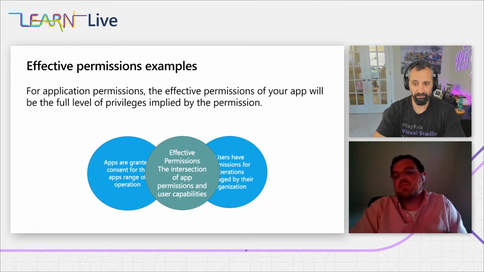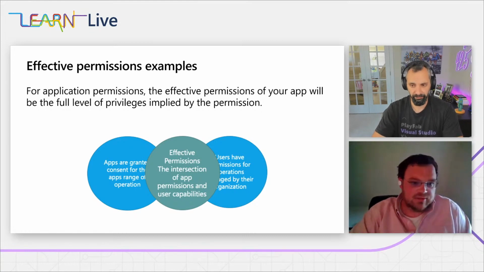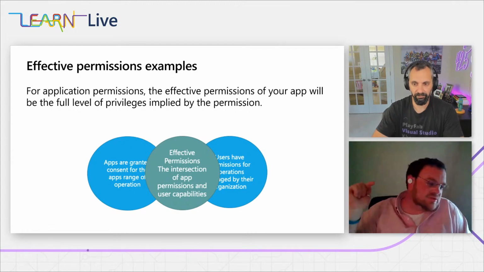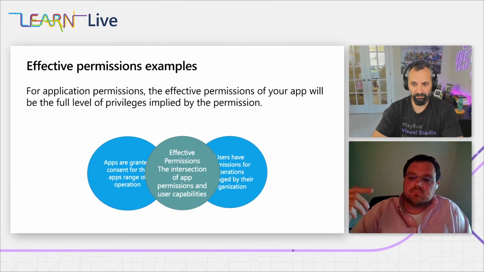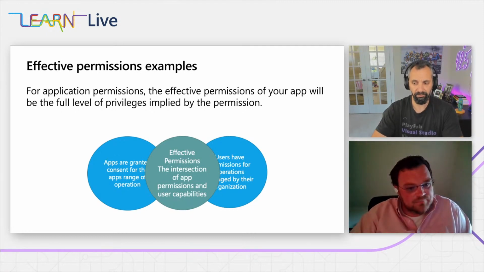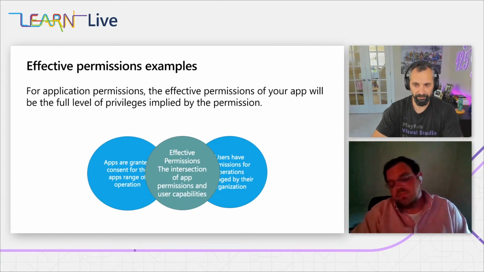But what the user is allowed to do is typically driven by an RBAC system within it, like the Azure role-based access control, where I'm going to make Christos a contributor on my resource group. He'd still be limited by the fact that he's only a contributor, in addition to any scopes that we may have granted the app.